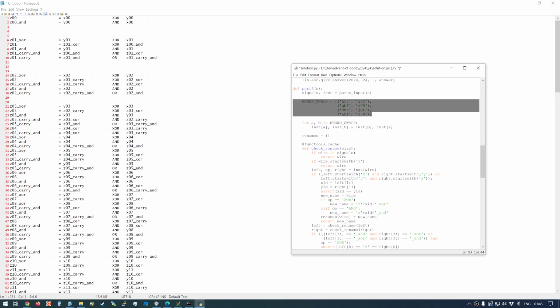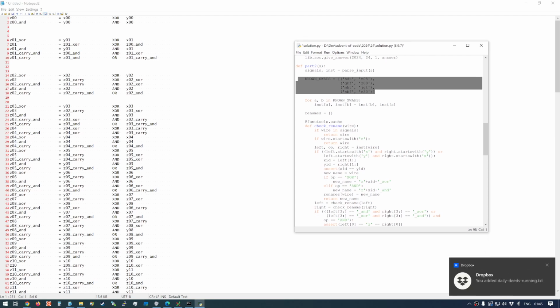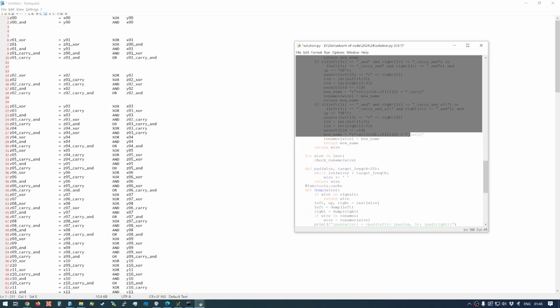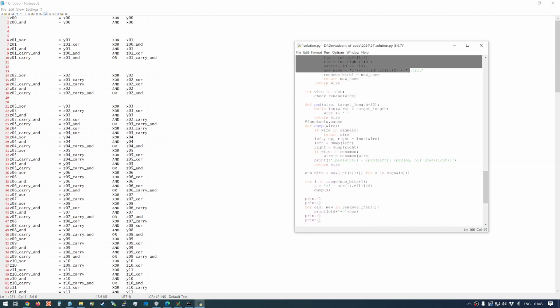So yeah, this is really hard-coded. This is me just hard-coding the answer. I am going to sanitize this before I push because I don't want to commit my answer. But yeah, most of the work was just getting this logic to automatically do the renames, because renaming by hand is very tedious.